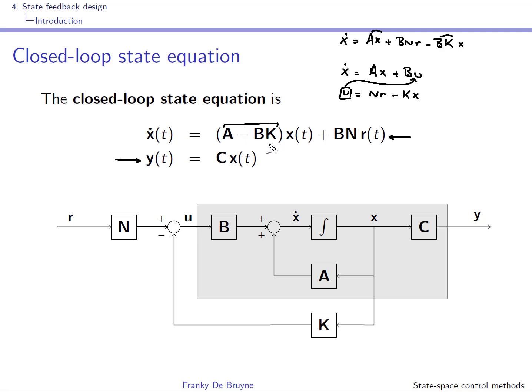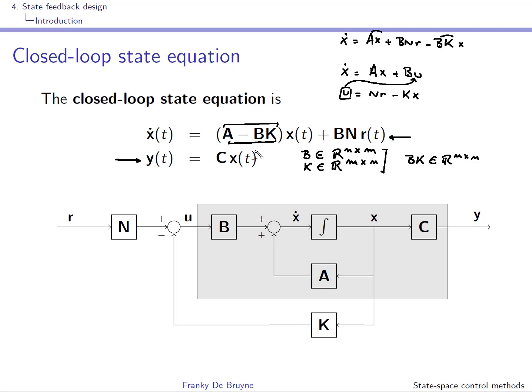Remember that B is in R^(n×m), and K was in R^(m×n). So obviously BK is in R^(n×n). So this is possible.